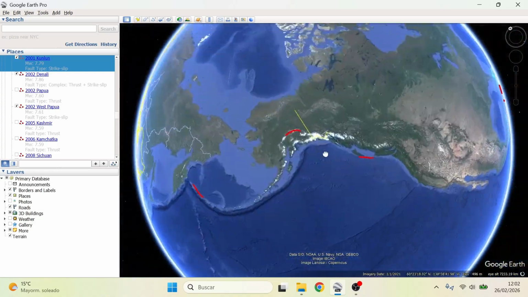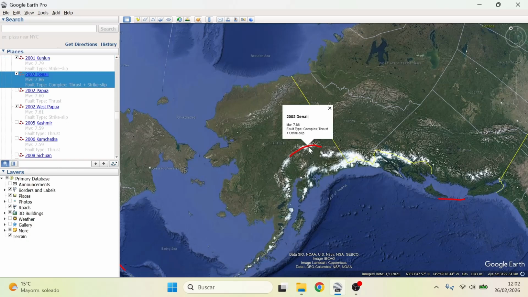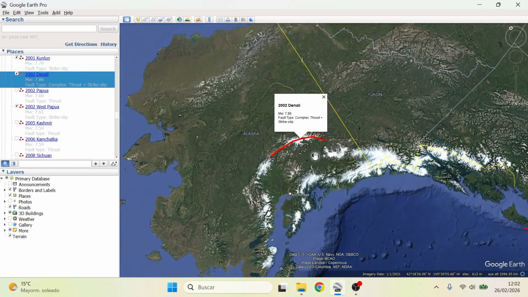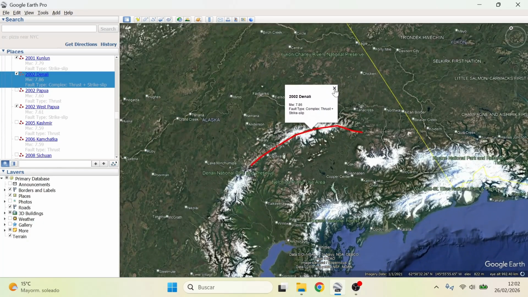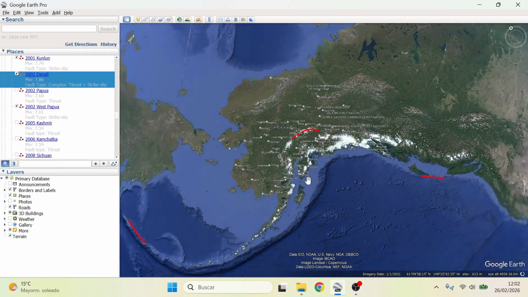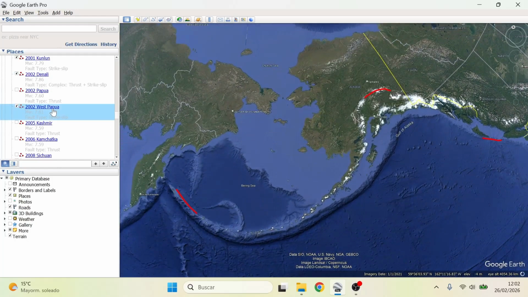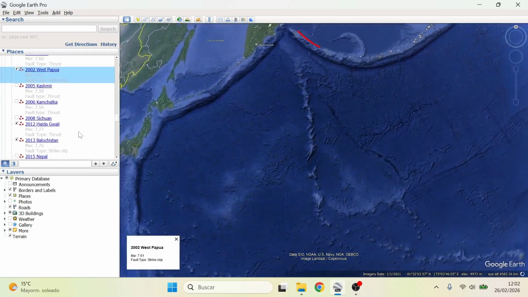For example, here we have 2002, and the next year Denali, also very big, a 7.9 earthquake, which was a complex rupture. And we can also have here in West Papua.